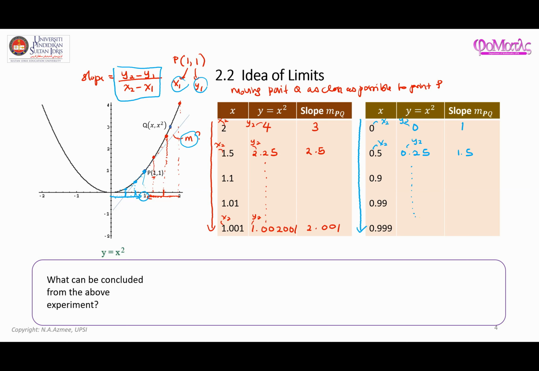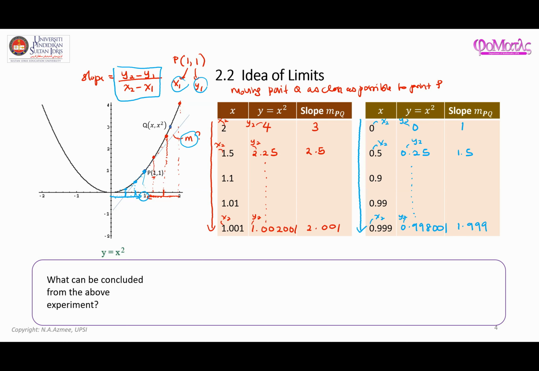And for the last value here, you will see that y is going to be equal to 0.998001. By substituting all these values into the formula, where this is the value for x2 and y2, you will get that the slope for this one is 1.999.